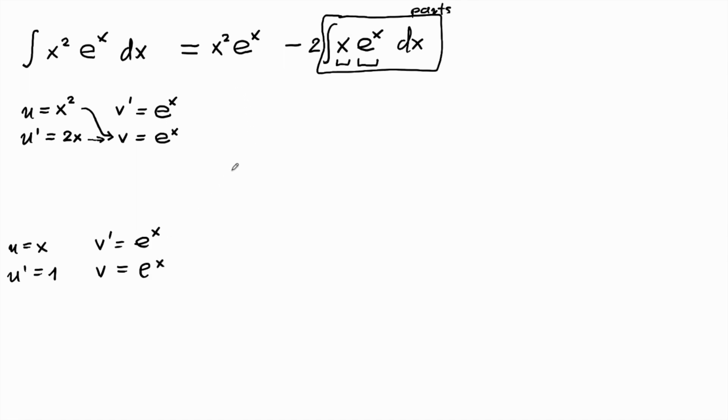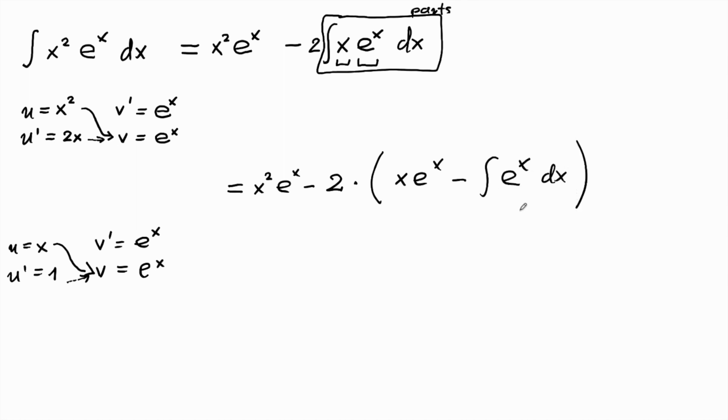So we'll have that this is equal to x squared times the exponential function e to the x minus 2 times, and this integral we'll be evaluating by parts. So it's u times v, so we'll have x times e to the x, and then minus the integral of u prime times v, which is 1 times the exponential function, which is the exponential function itself.